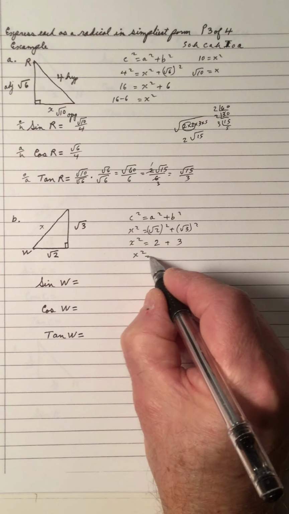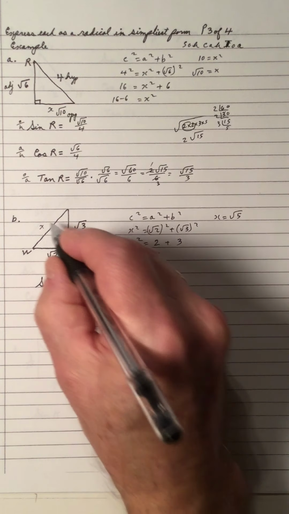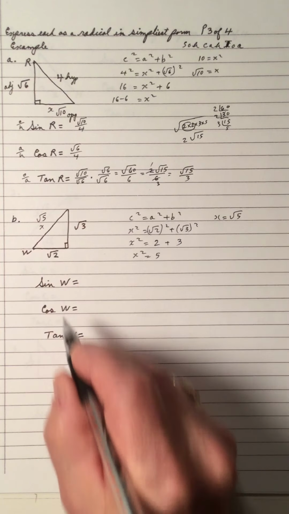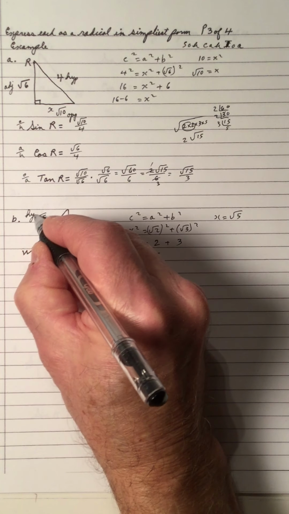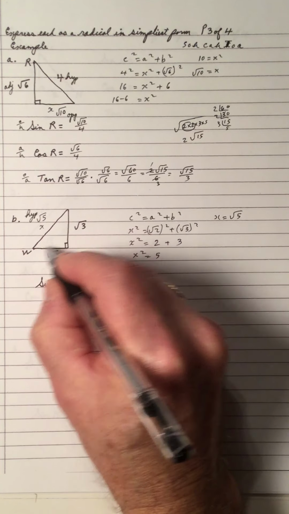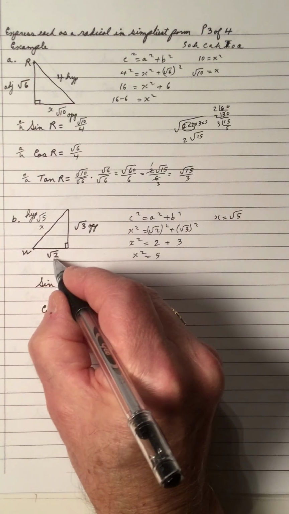So x squared equals 5. So x equals the square root of 5. Now we have all sides. This is the hypotenuse because it's opposite the right angle. And this is w, so that's going to be opposite. And that's adjacent.